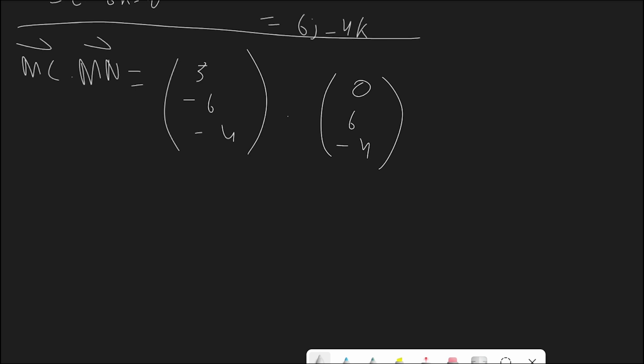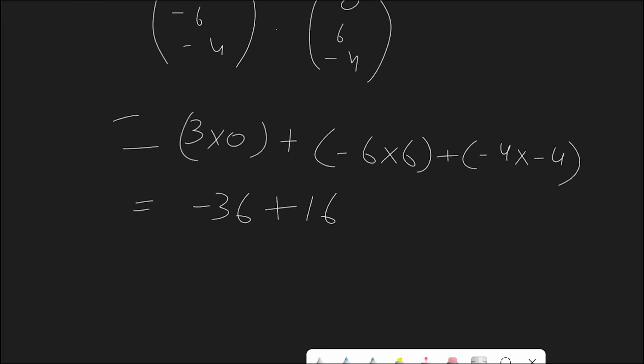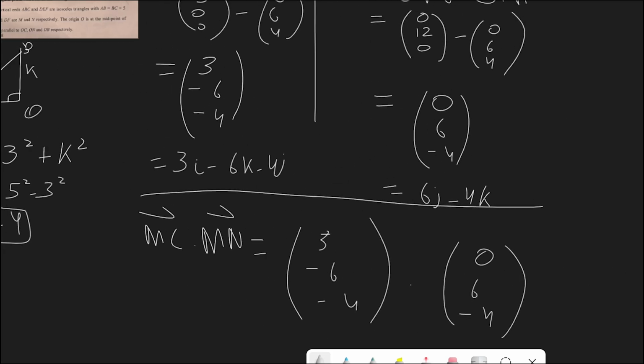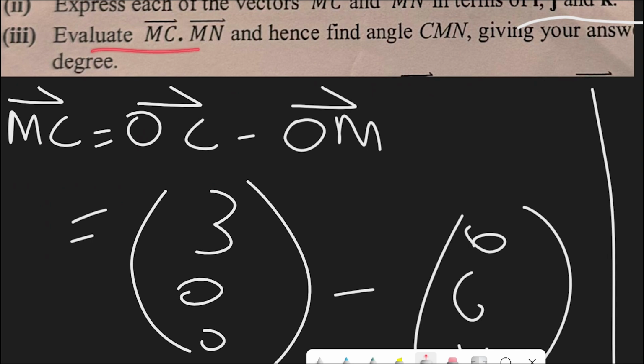We have to make the dot product over here. So it would be 3 times 0 plus minus 6 times 6 plus minus 4 times minus 4. So 3 times 0 is 0, minus 6 times 6 is minus 36, plus minus 4 times minus 4 is 16. Minus 36 plus 16 would be minus 20. So that is the scalar product. This part is done. Now we have to find angle CMN.